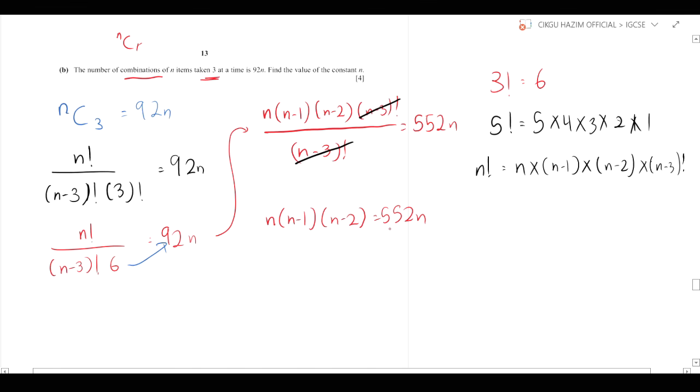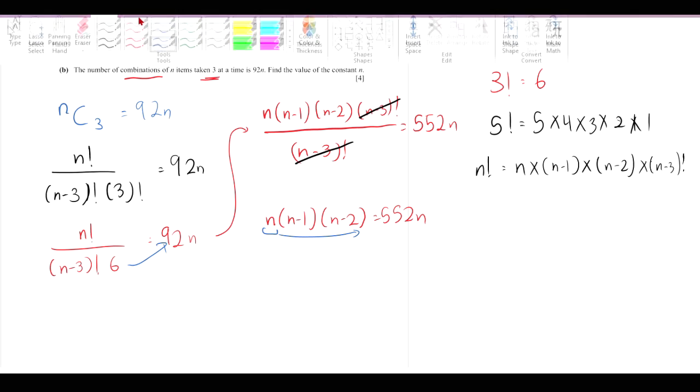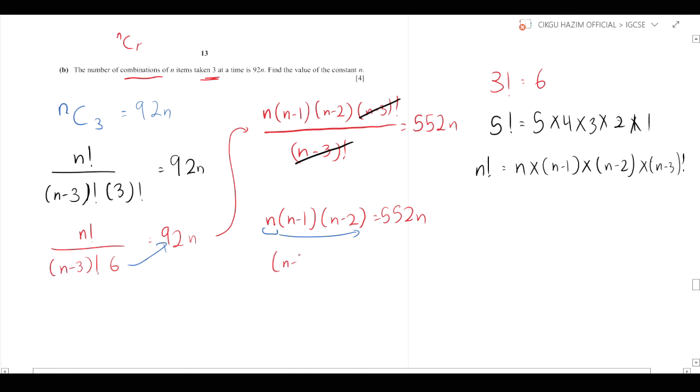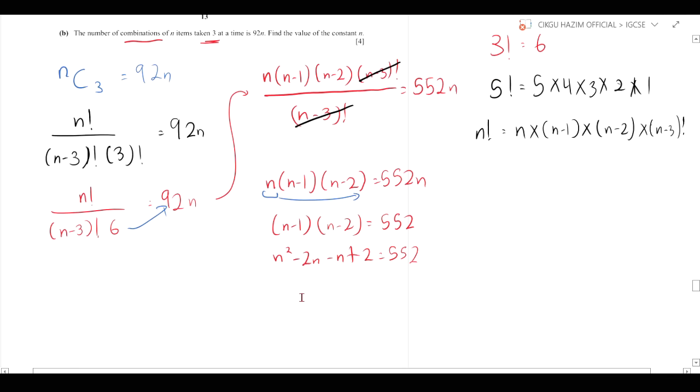To solve this equation, I move this n to the right side, it becomes divide, so it's left with n minus 1, n minus 2 equal to 552. Expand this: n squared minus 2n minus n plus 2 equal to 552. You can solve this by quadratic.